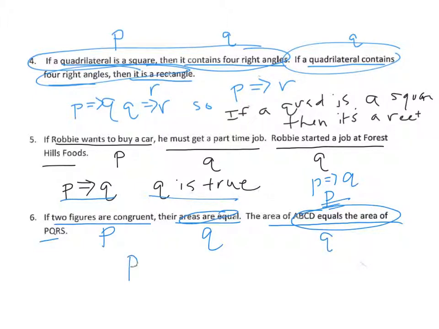So we have that P implies Q is true, and we have Q. So what can we conclude? Well, that's not the law of syllogism. Number 4 is a law of syllogism, and it's actually not the law of detachment either. So in number 5, we write nothing. Forgot to write nothing. And then number 6, you write nothing. Nothing can be concluded.